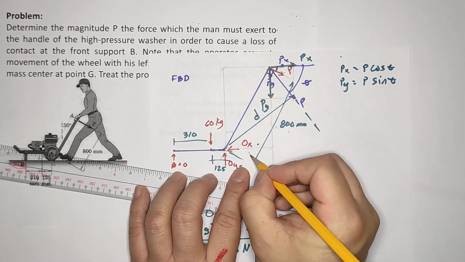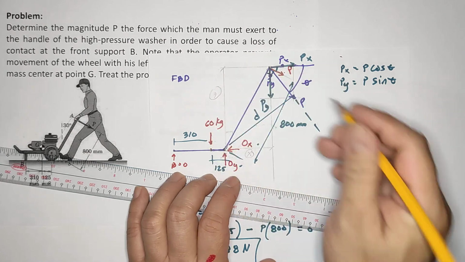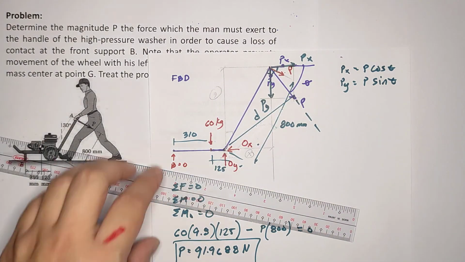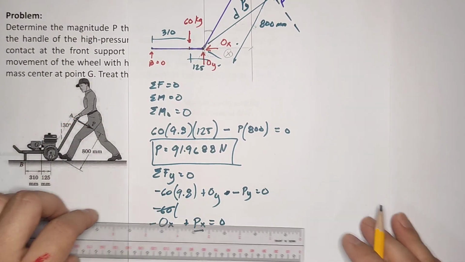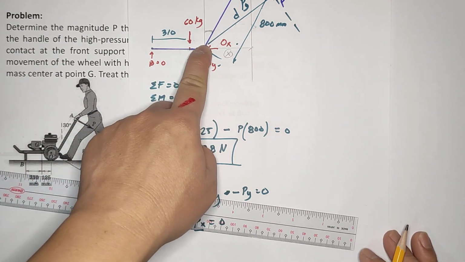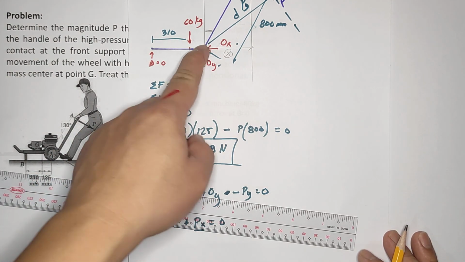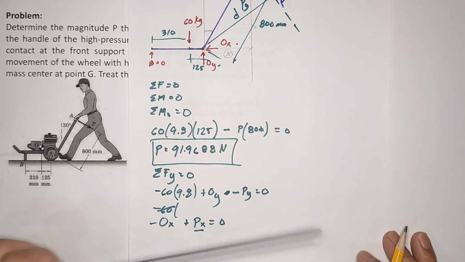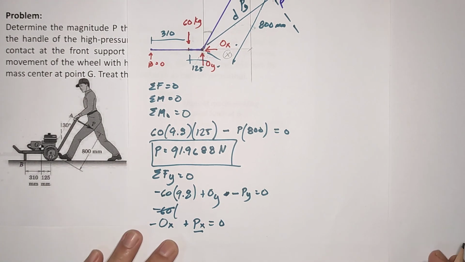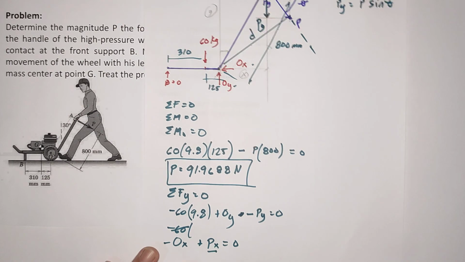So you can solve for the components. Then take summation of moment first at point O. You will get the new P and then O_X and O_Y.